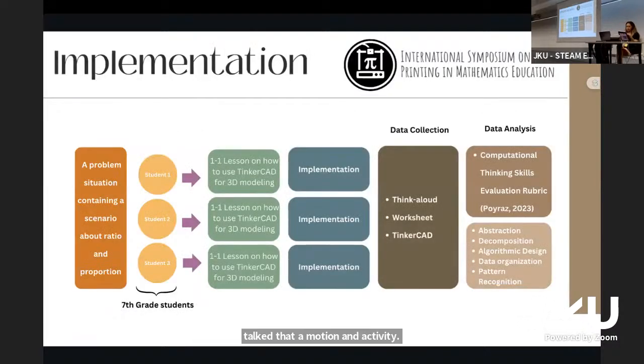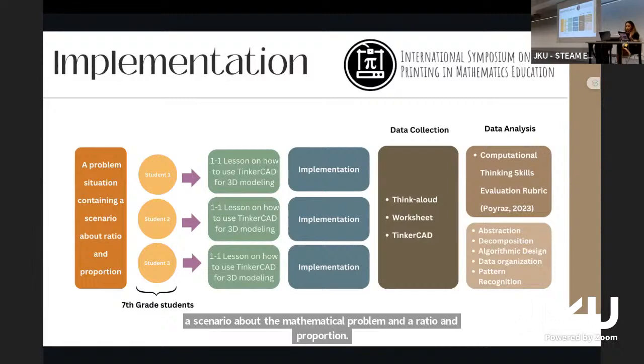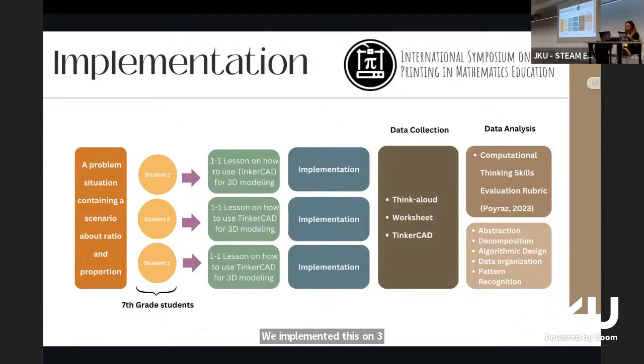Firstly, we created a learning activity that involves a scenario about a mathematical problem on ratio and proportion. We implemented this with 3 seventh grade students. Before the implementation, we conducted one-on-one lessons to teach how to use Tinkercad for 3D modeling.